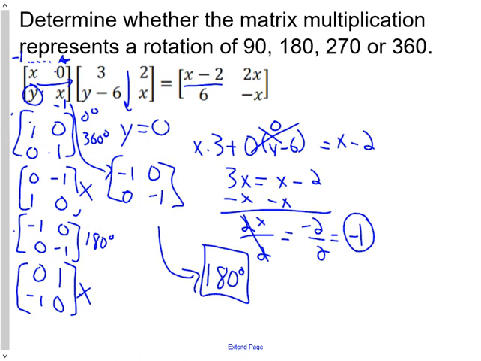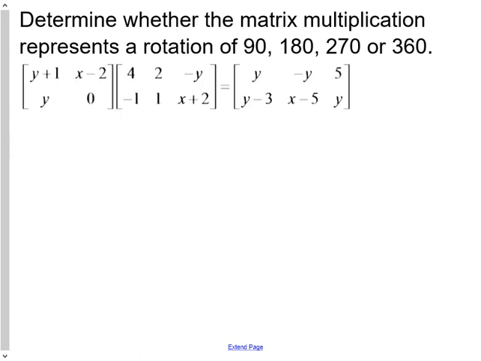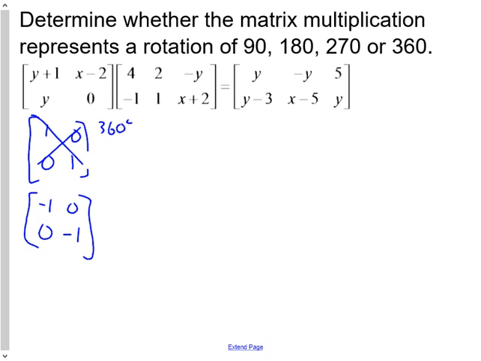Moving on. Same idea, a little more difficult with these. I only see a 0 in the corner, so kind of copy pasting what we just wrote down. It's not going to be this one, which is the 360. Right? It's not going to be that. And it's not going to be the 180 either that we just did, because we have a 0 in the corner.